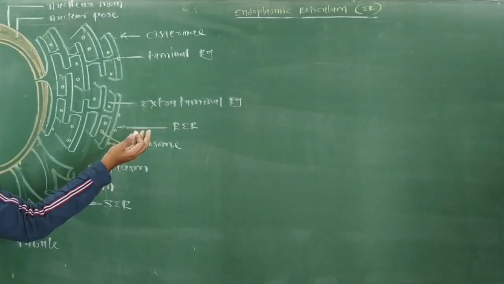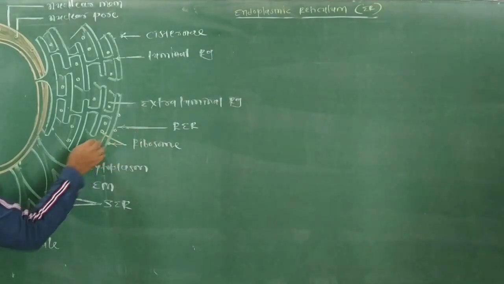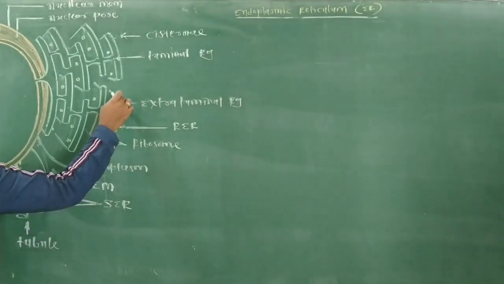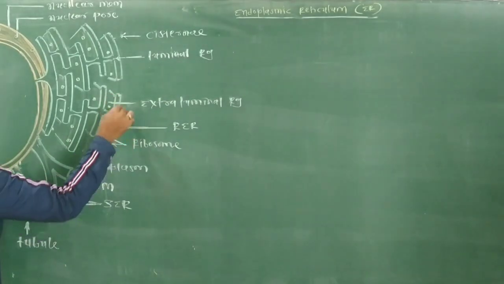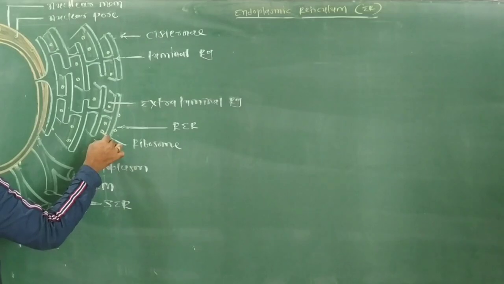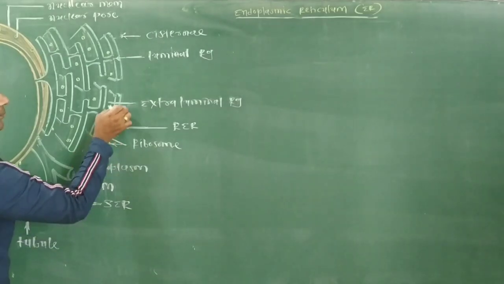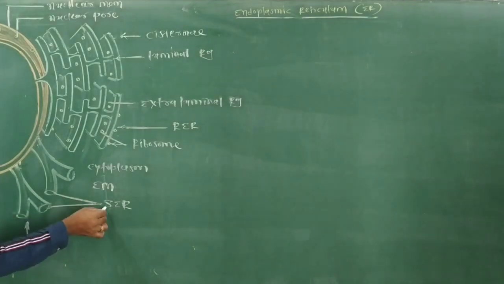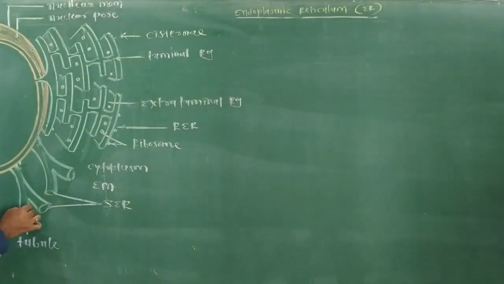The difference between rough and smooth: ribosome present, ribosome absent. Most of the rough endoplasmic reticulum is made up of flat cisternae, whereas the smooth endoplasmic reticulum is made up of simple tubules.